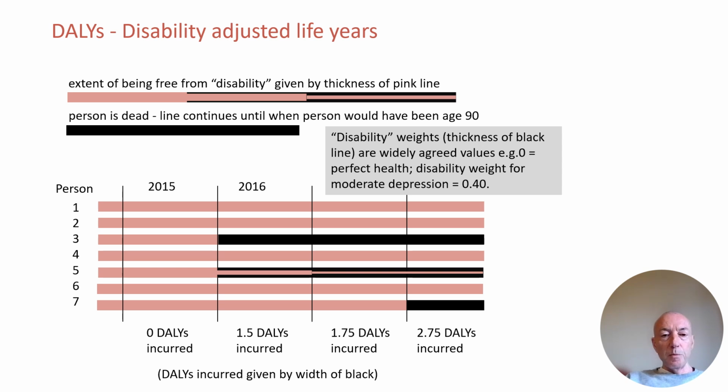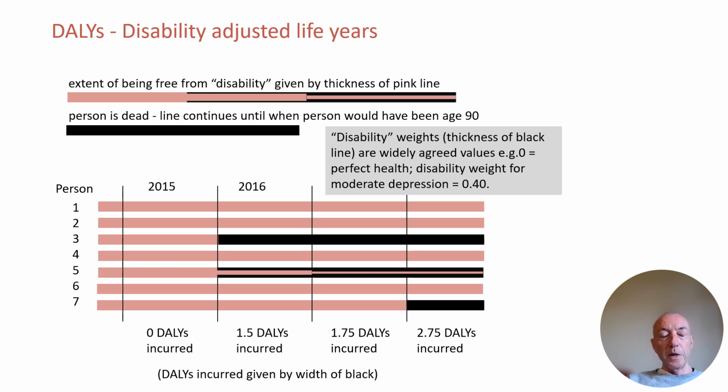And then again, similarly to the qualities that we had, we can also take into account the level of disability that the person is living with when they were alive. And so now, again, during the life of a person while they're alive, the pink line is not necessarily covering the whole line. There's also some black within the line as well, representing disability lived with at that point in time.